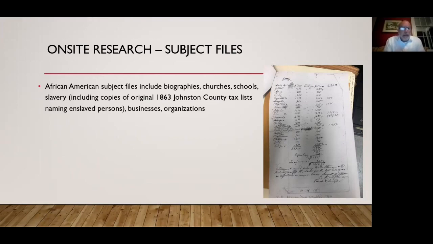So we have the photocopies from the originals that are at the state archives, and they're arranged by tax district. We also have files on African-American businesses and organizations. So there's a wealth of information there about African-American genealogical content as well as historical.